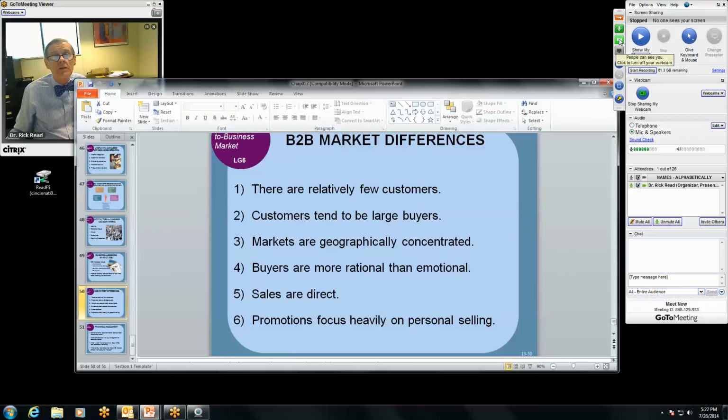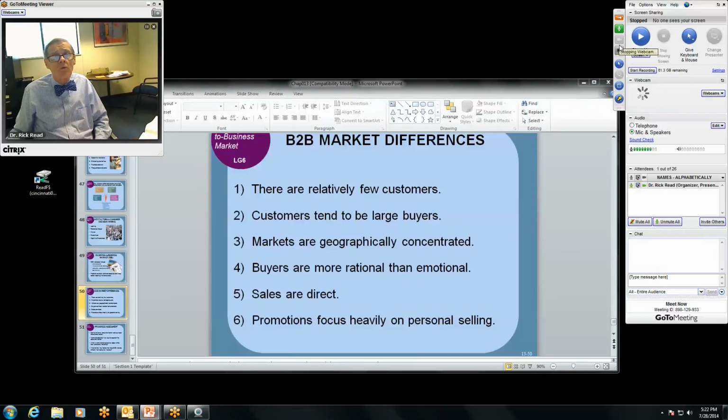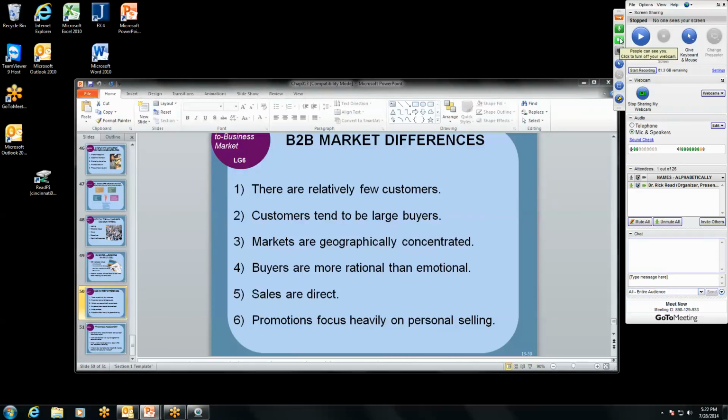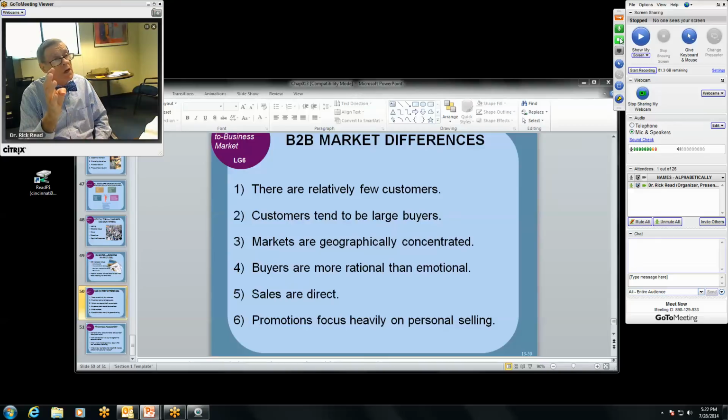And notice here, we talked about this just a little bit before, and that is that there are fewer customers in the B2B market. They tend to be large buyers. They are more rational than emotional because they're looking at this, in many cases, as a dollar and cents value that we don't as individual consumers.